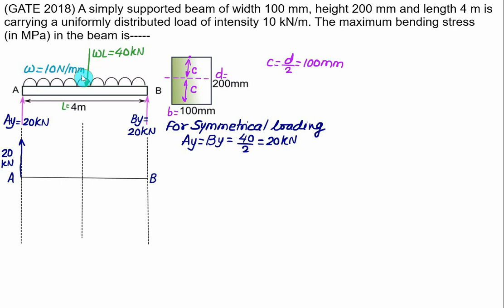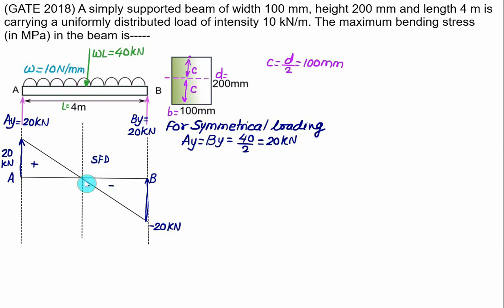If it is a rectangle in the load diagram, then we have a triangle in the shear force diagram. Here the total load is equal to 40, so we have 20 minus 40. So we are left here with minus 20 kilonewton. And at point B we have a reaction equal to 20, so we'll close at 0. So this one is a positive value and this one is a negative value of the shear force diagram.